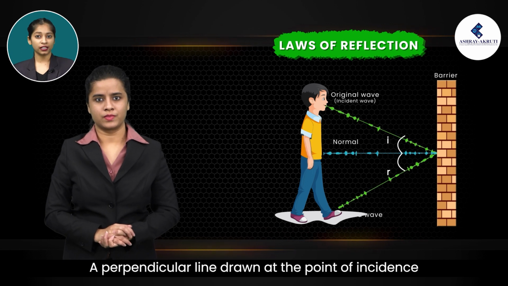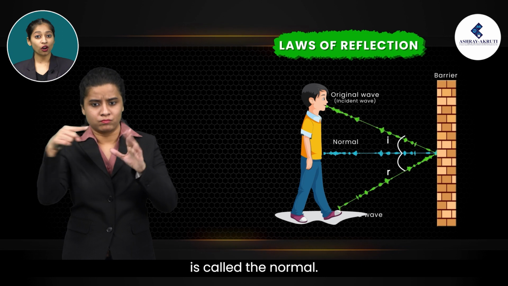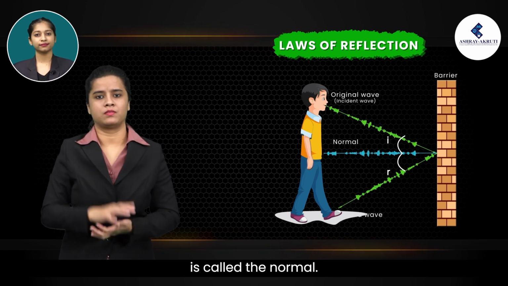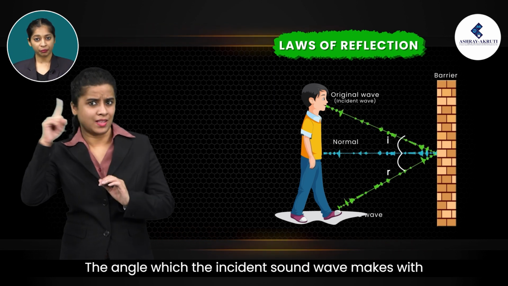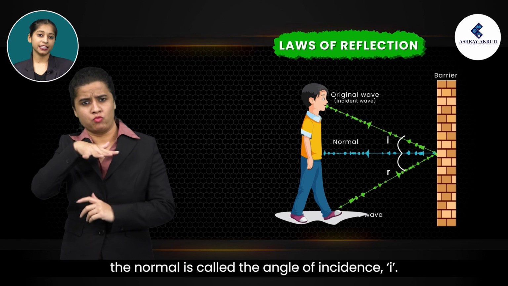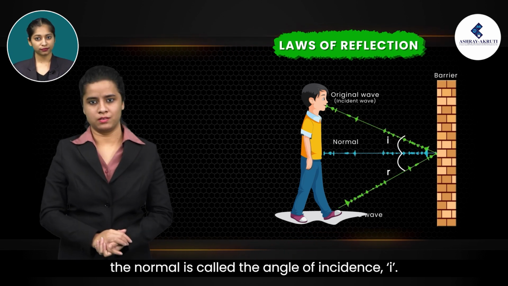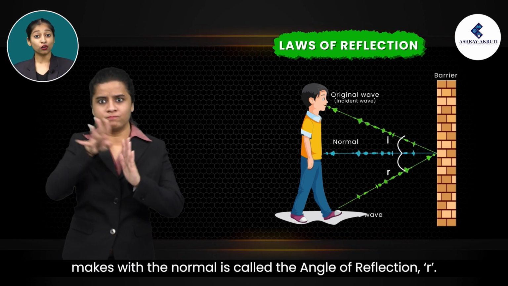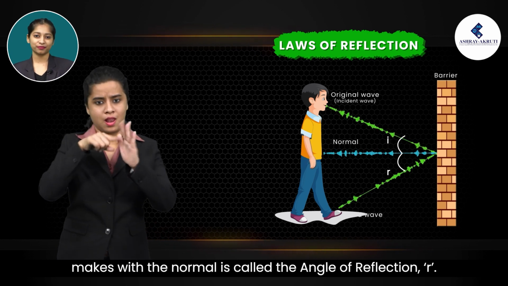A perpendicular line drawn at the point of incidence is called the normal. The angle which the incident sound wave makes with the normal is called the angle of incidence, I. The angle which the reflected wave makes with the normal is called the angle of reflection, R.